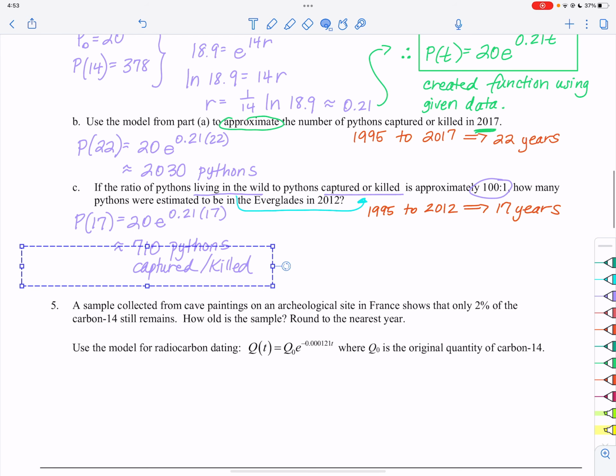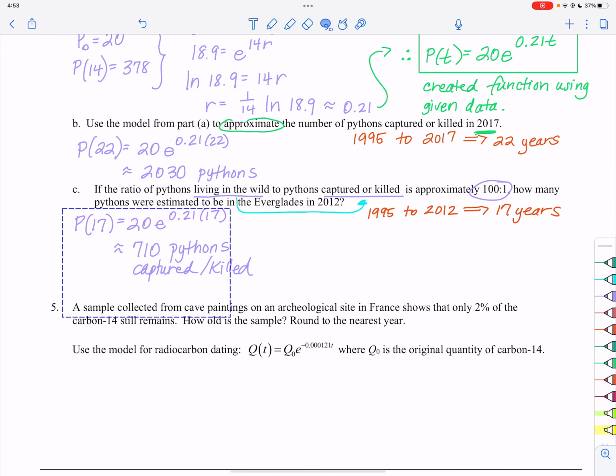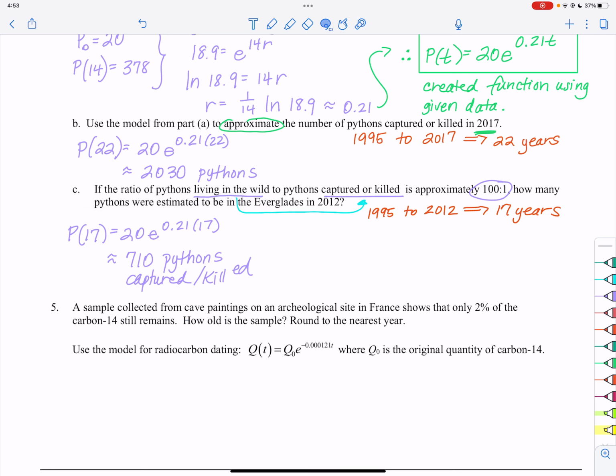So now we're going to use that ratio, and then we'll be able to give that estimate for the Everglades. So now we could say 710 multiplied by 100 equals 71,000 pythons in the Everglades.